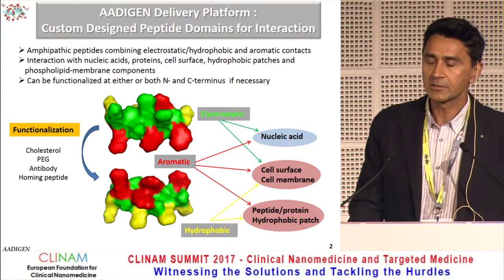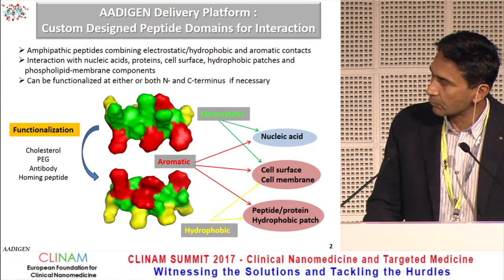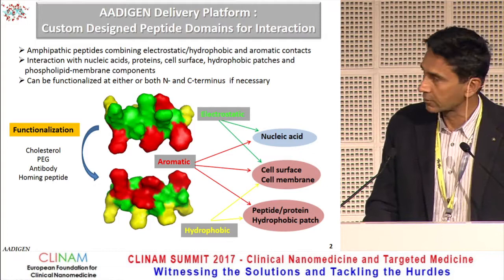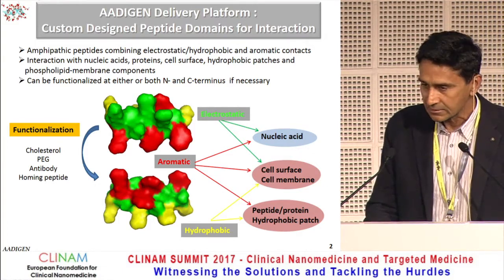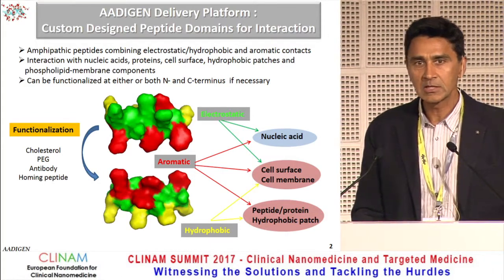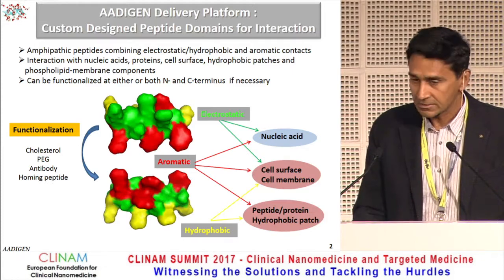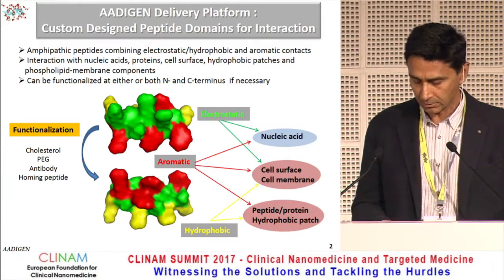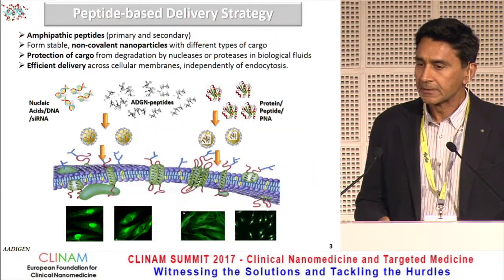They're specifically designed to interact with different moieties depending on what kind of cargo you want to deliver, whether it's nucleic acid, or interacting with the cell surface membrane. It has hydrophobic patches, so it can deliver proteins, small peptides, and nucleic acids, depending on the composition of the peptide.